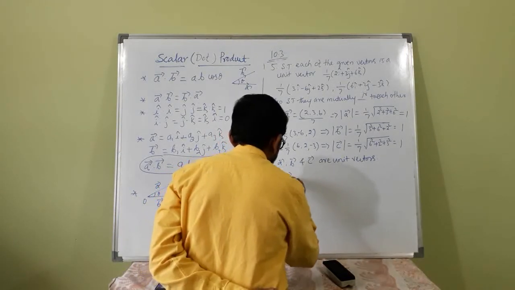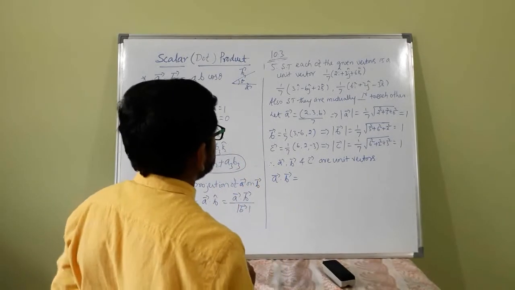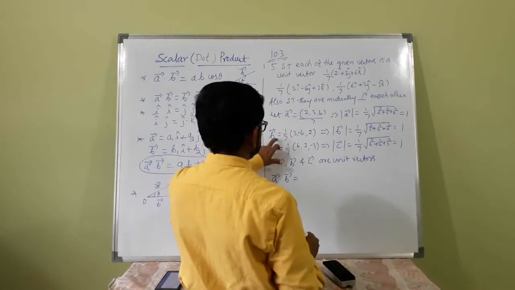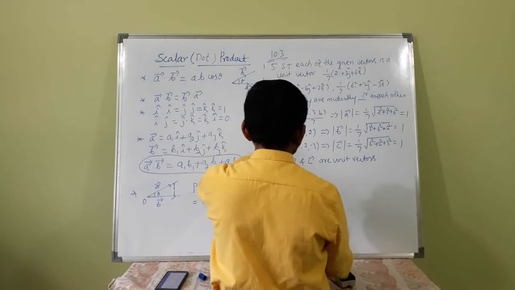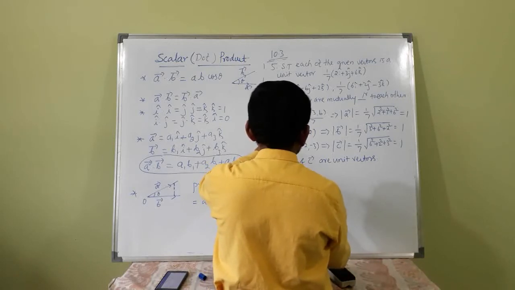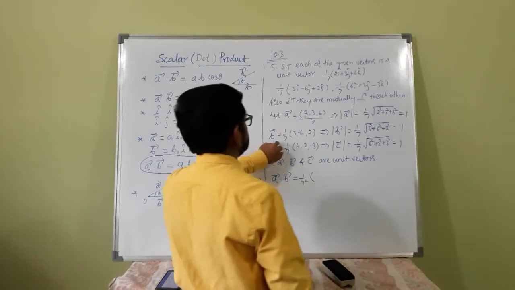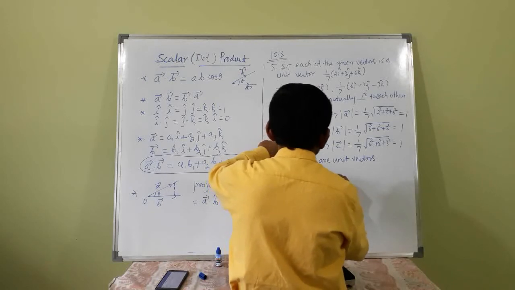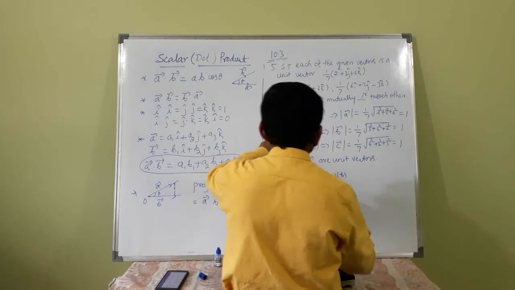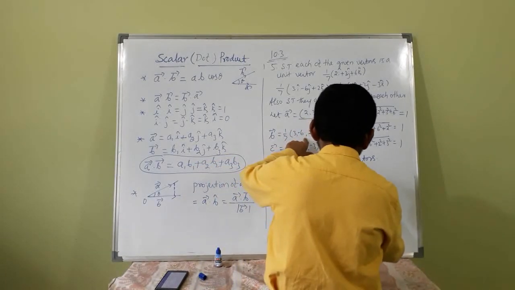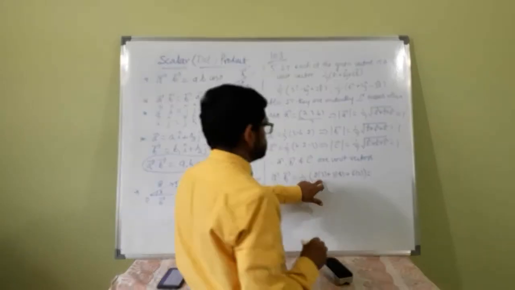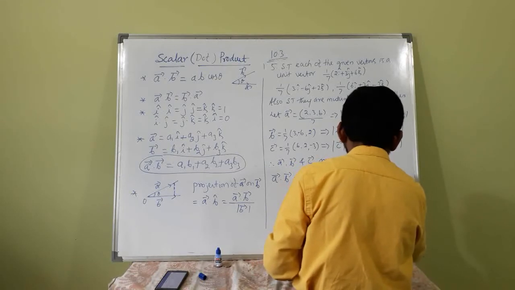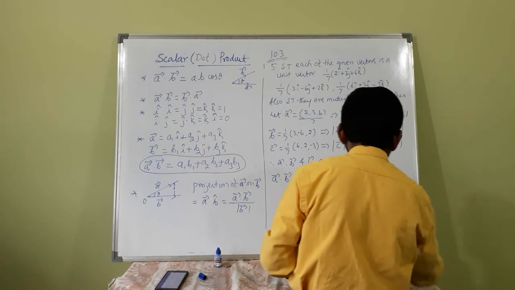A dot B, you consider these two, A and B. A dot B is 1 by 7 into 1 by 7, 1 by 7 squared, 2 into 3 plus 3 into −6 plus 6 into 2, that is 6 minus 18 plus 12, that is 0, 0 by 7 squared, or it is 0.